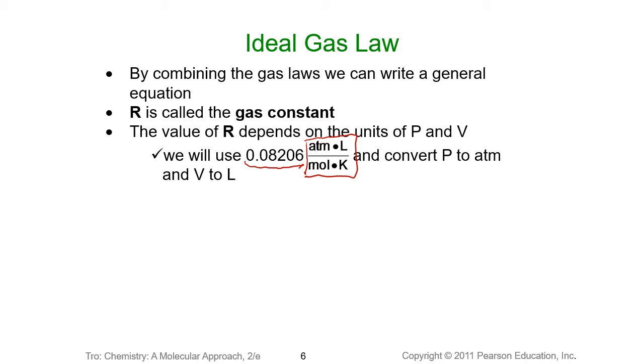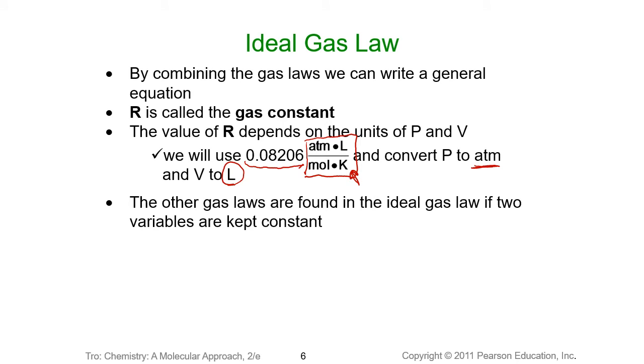And the reason for these interesting units is to make sure that all of the units in the problem cancel out except for what you're trying to find. But this does mean that the pressure needs to be in atmospheres, the volume needs to be in liters, and our temperature has to be given in Kelvin.